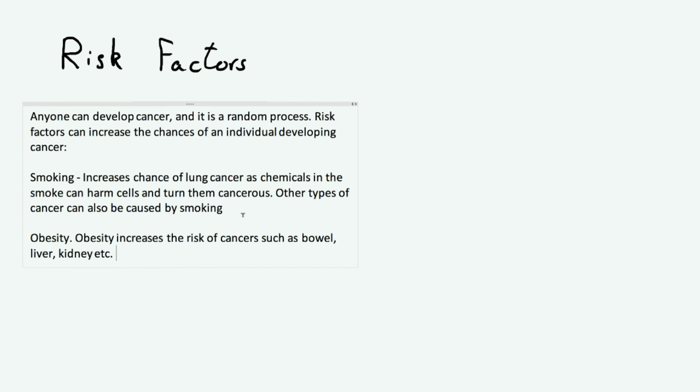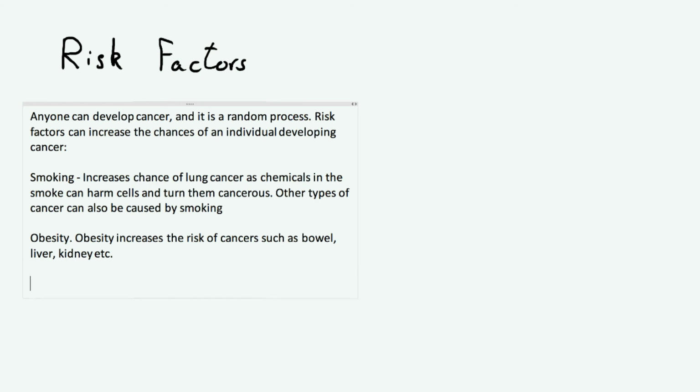If you don't smoke, you're not increasing your chance of cancer, whereas if you smoke, you are. If you live a healthy lifestyle and don't become obese, then you are reducing your chance of things like bowel cancer, because obesity can increase the chance of those cancers.